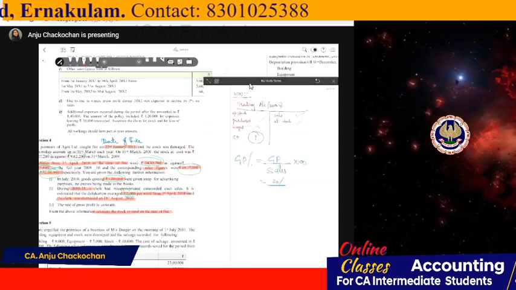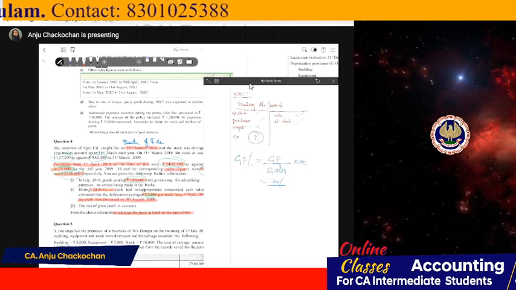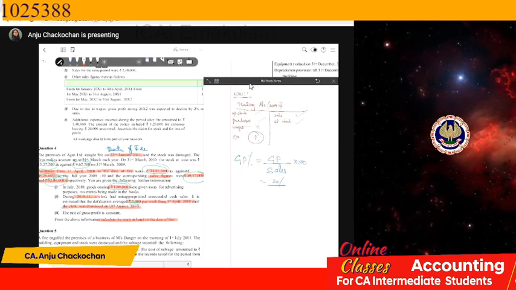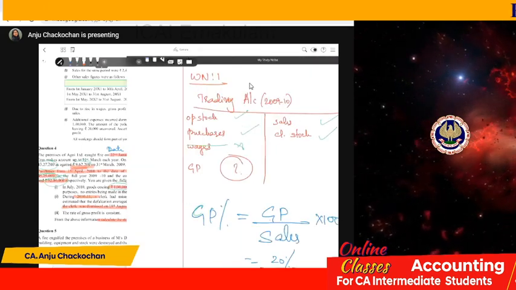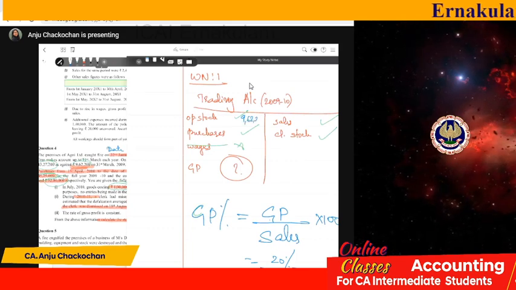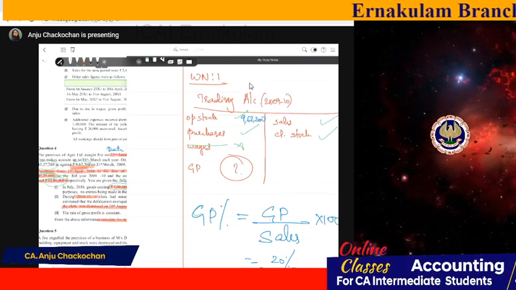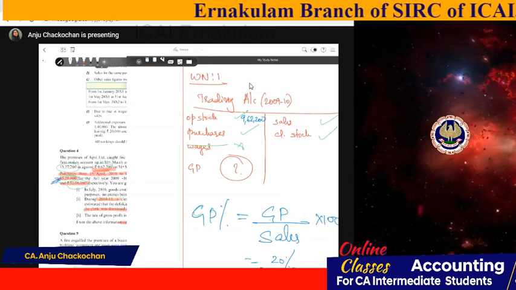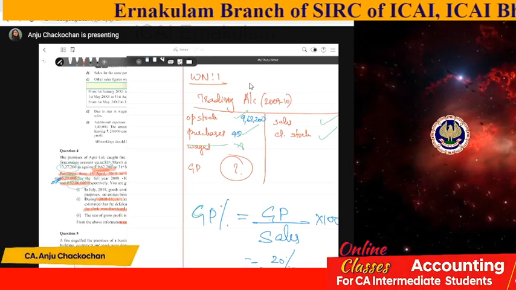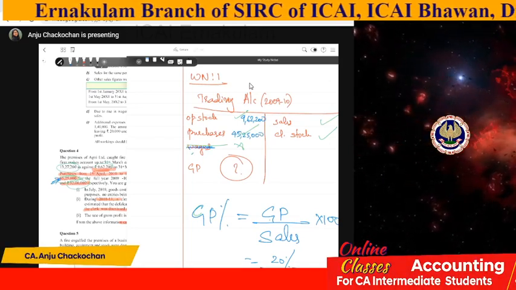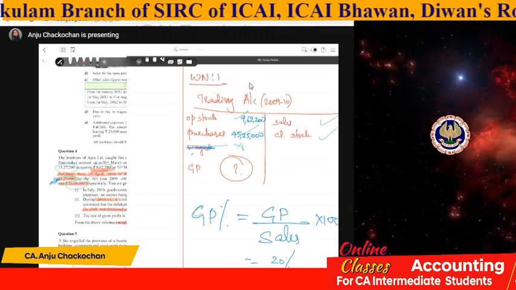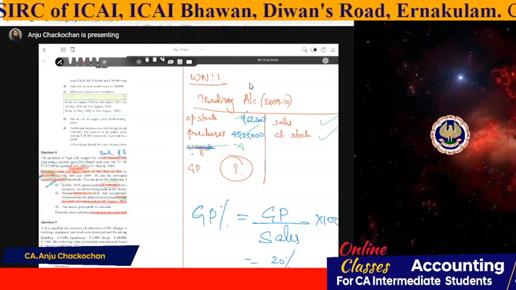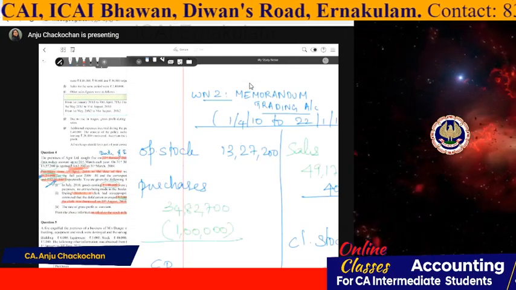The opening stock is 9,62,200, which is given to you in the question. And then we have the purchases given here, 45 lakh 25,000. Wages is not given in the question, so eliminate that. Sales is 52 lakh, which is also given in the question.